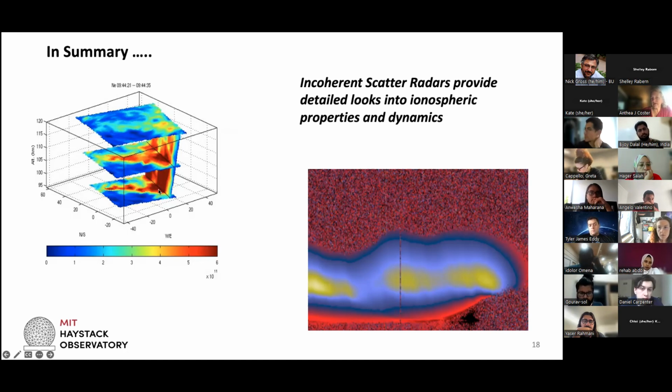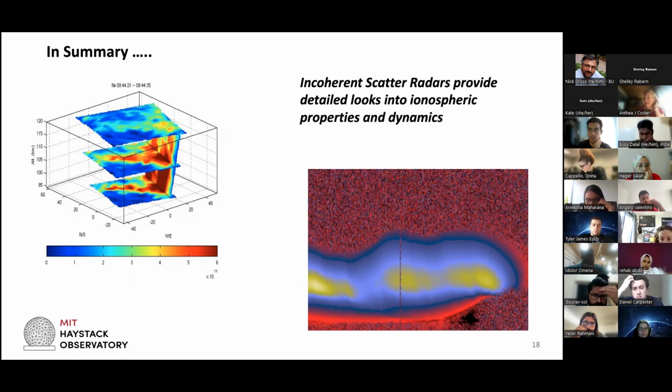This is the effect of the aurora coming in, so you can see at different altitudes what's happening as the precipitation comes in, and it really affects the lower altitudes. This is Arecibo data, and you can see all of this structure, the topside layer, that's all real. I think you're seeing kind of a TED effect. That's why incoherent scatter really helps us understand what it is we're seeing.